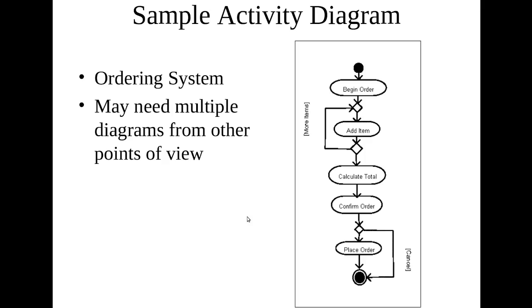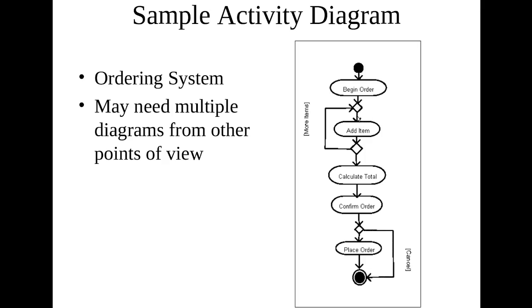So you see, this is an activity diagram. This is for an ordering system. Now what happens, from here you are starting. The state is begin order. Here it is a rhombus. The rhombus says it is a decision statement.